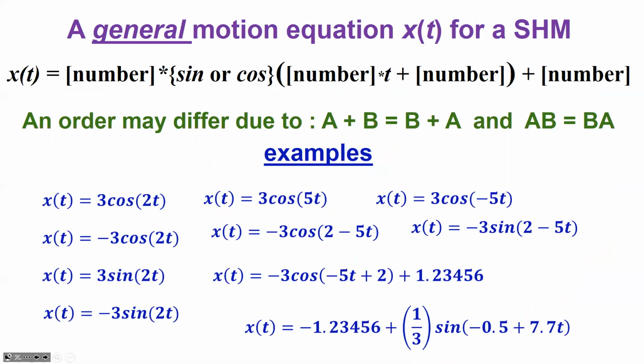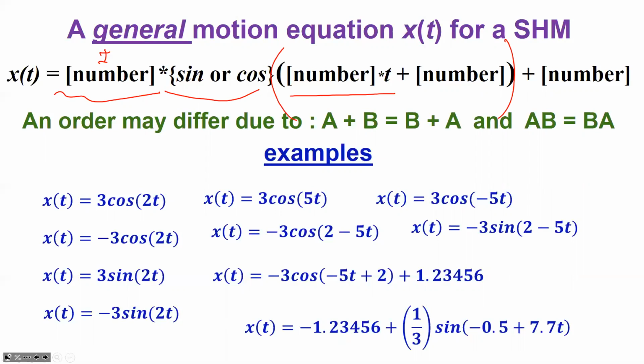And the general structure of any equation that describes a simple harmonic motion has a number, a coefficient, positive or negative, then a sine or a cosine, then an argument that may have 2 parts.